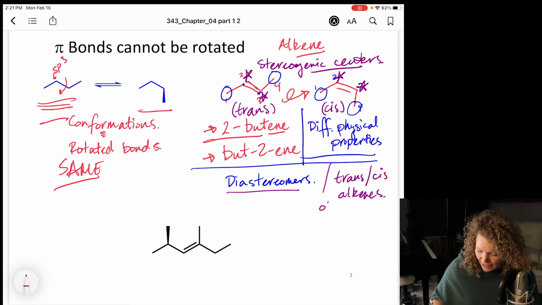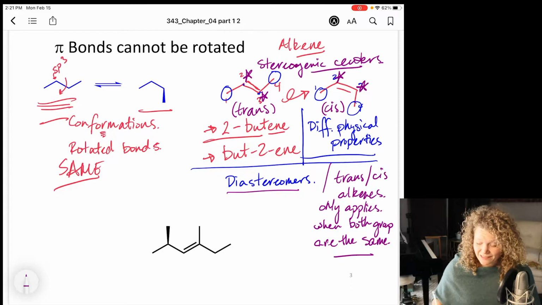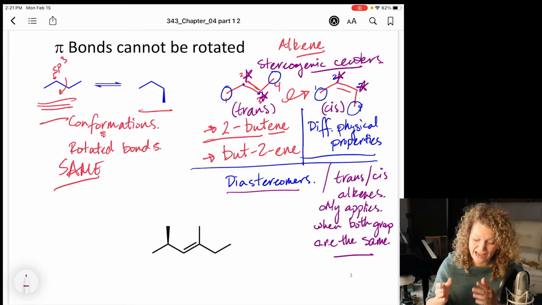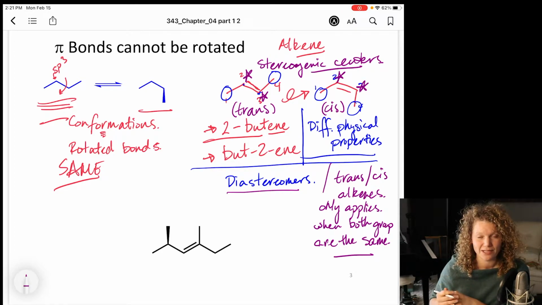This only applies when both groups you're considering are the same. So in this case, for 2-butene, we have trans 2-butene or cis 2-butene, okay?